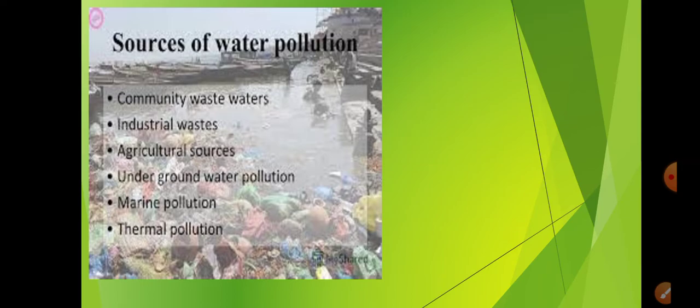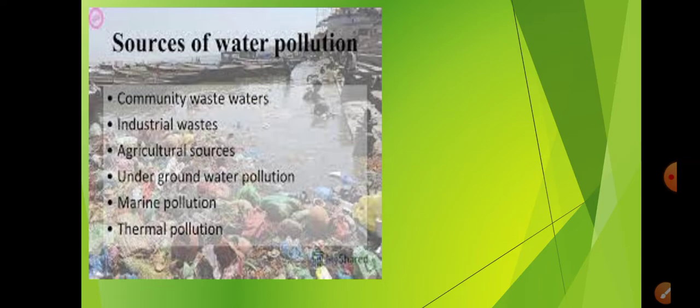Agricultural sources, as we had discussed under air pollution, like the fertilizers and the insecticides or pesticides. When they are sprayed on the plants, the plants get it, and along with that the soil also gets the chemicals, right?